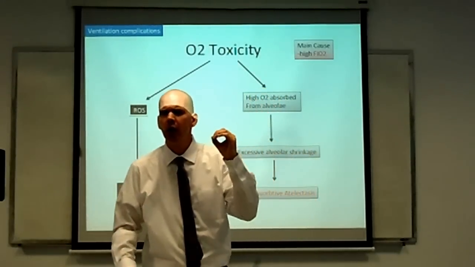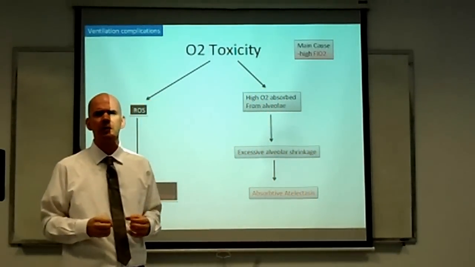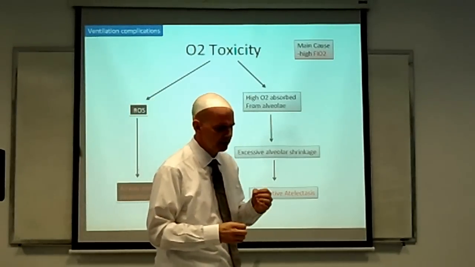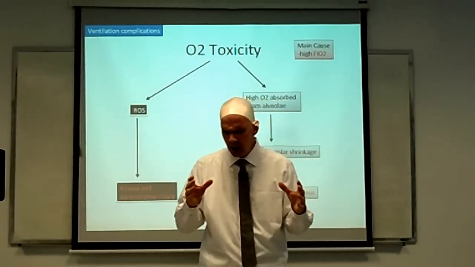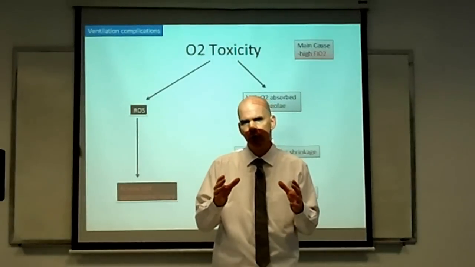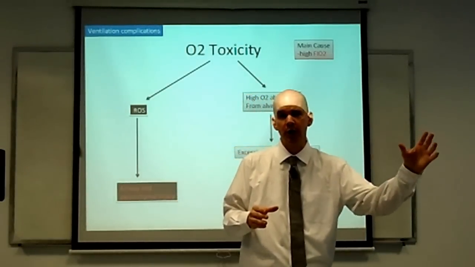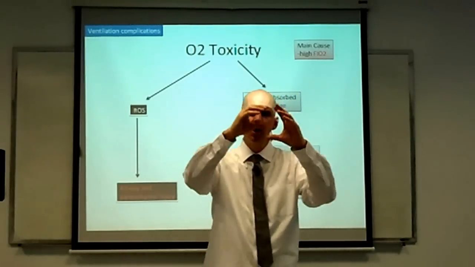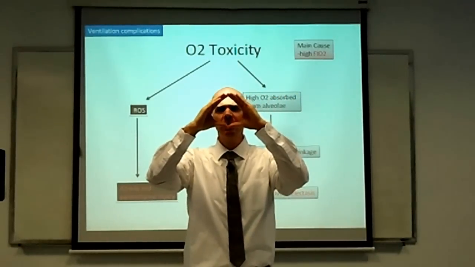Another problem from high fraction of inspired oxygen is something called absorptive atelectasis. Let me explain how that works. A normal person breathing normal air is breathing 21% oxygen, and the rest of that air is nitrogen. So this air comes in, fills up an alveolus.